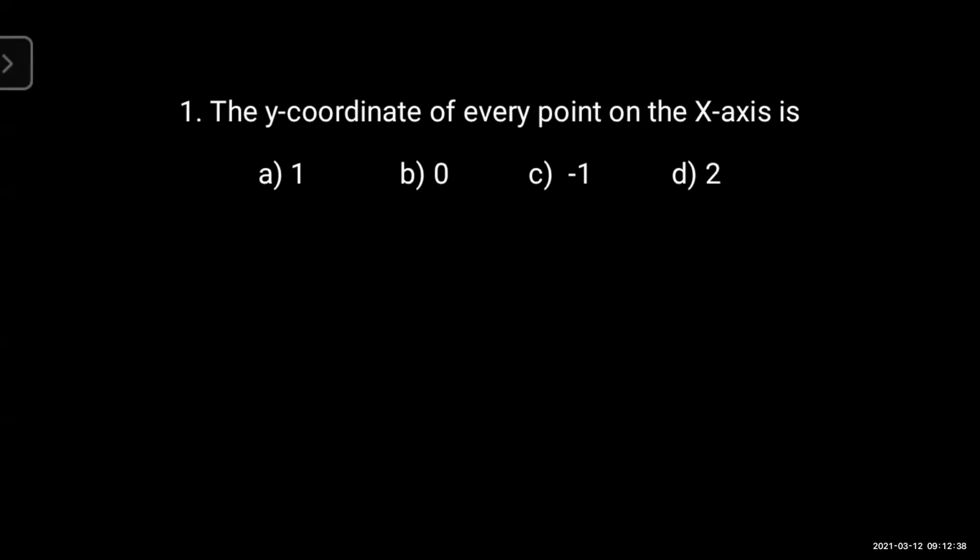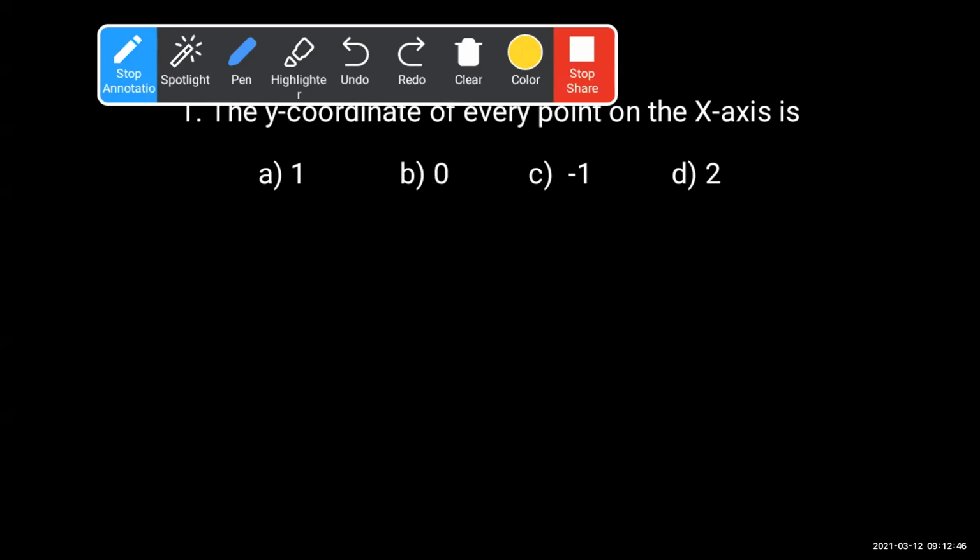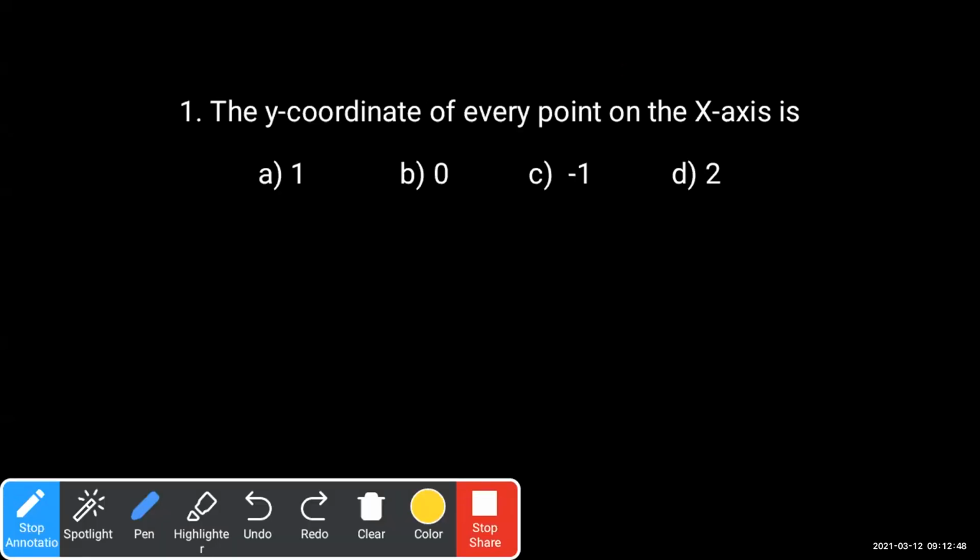The y coordinate of every point on the x-axis. On the x-axis, it will always be 0. Why?